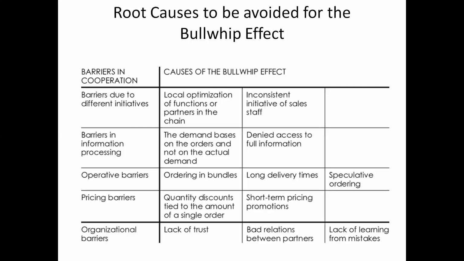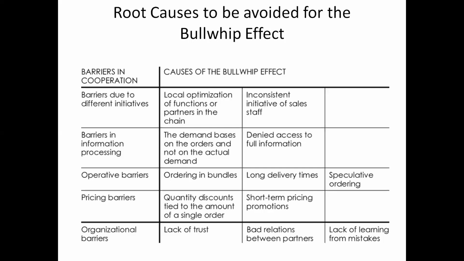Another outcome of that local optimization is inconsistent initiative of sales staff. Barriers in information processing lead to demand based on the orders and not on the actual demand, and that leads to denied access to full information.